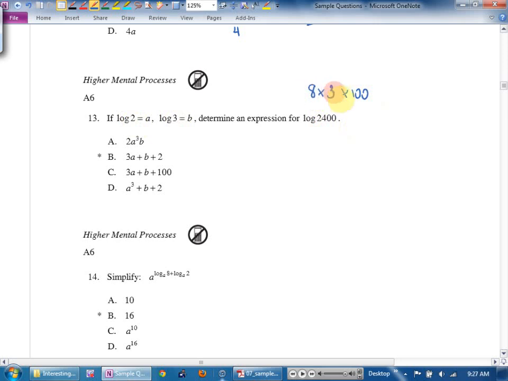I can write this as the log of 2 cubed times 3 times 100. How many logs is this? 1. Break it up. This is the log of 2 cubed plus the log of 3 plus the log of 100.